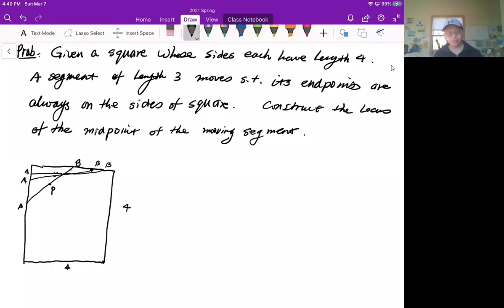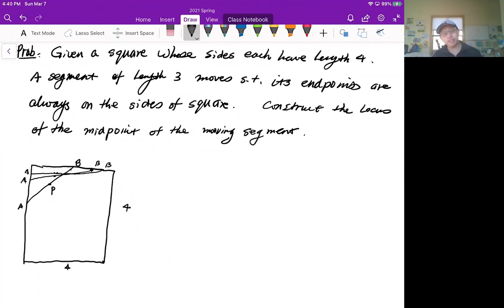Very good. So let's think of that. This is a very tricky question, so I want to give everyone a minute. If you have some paper and a stick, you can try that by yourself. You draw a square, and you have a small stick, and you move it around and see where those midpoints are.